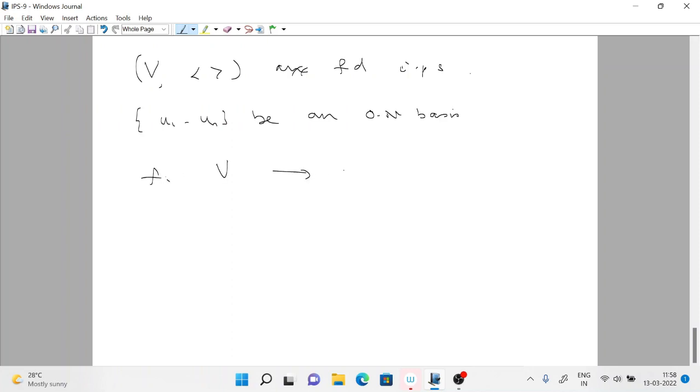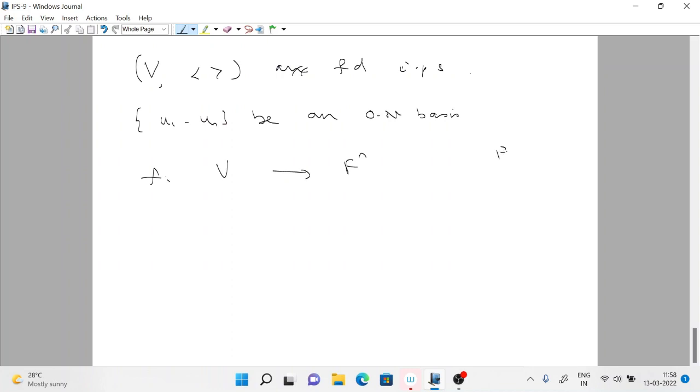So the next question I can ask is the following. Suppose V is a finite-dimensional inner product space. Let u1 to un be an orthonormal basis. So we again have the map F from V to Fn.